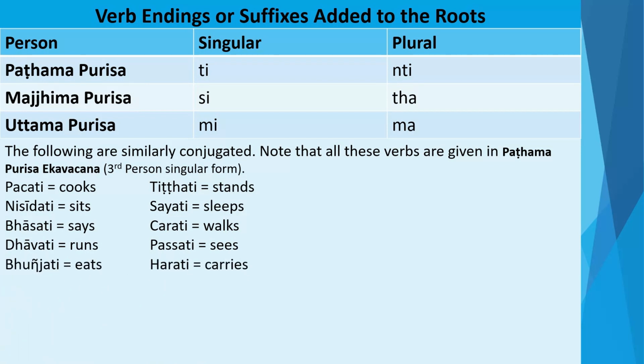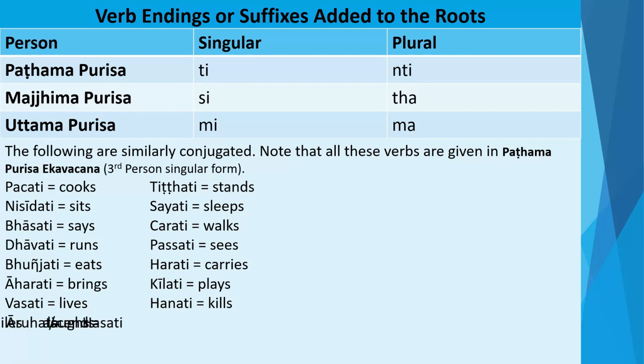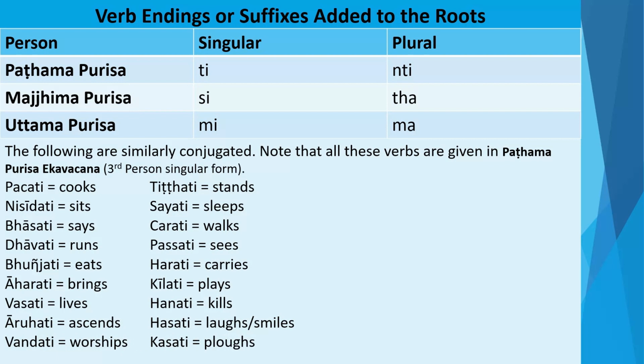Passati sees. Bhunjati eats. Harati carries. Aharati brings. Kilati plays. Vasati lives. Hanati kills. Aruhati ascends. Hasati laughs or smiles. Vandati worships. Kasati plows.